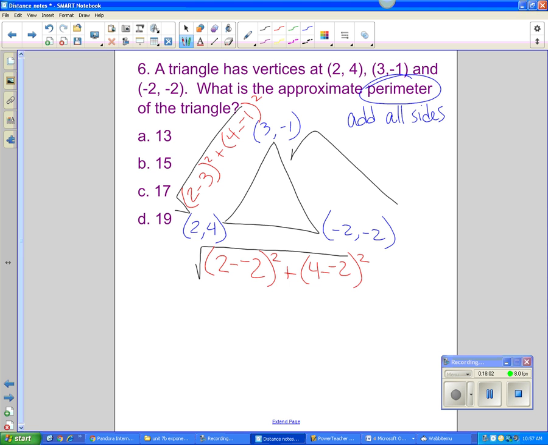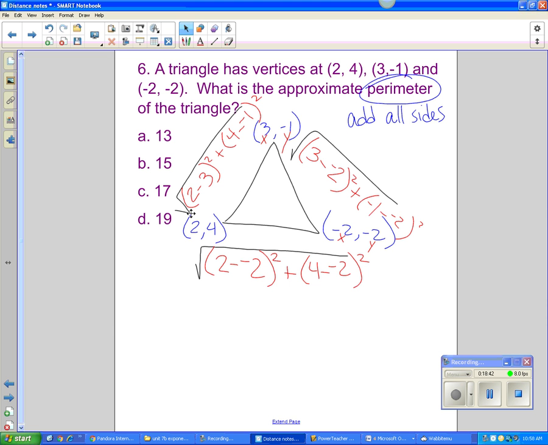Okay, so I should see people writing or typing in their calculator. You should be doing one or the other, writing it down or typing it in your calculator. And Gavin, what about this side? What would you type in the calculator for these 2 points? 3 minus x, y, x, y. Squared. Gotta be really careful with that, okay?